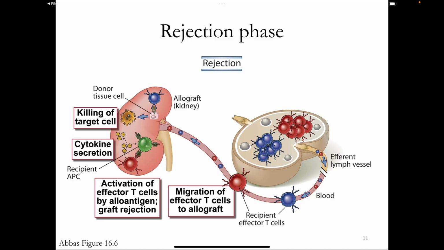Then those T cells, once activated, will leave the lymph node and head back to the kidney and start to kill the graft. This is the rejection phase, or the effector phase. It's going to be a bit slower, probably a month to a few months, as opposed to the other one, which was like a week. But it's not quite as separated as it would be if this was an allergic reaction.